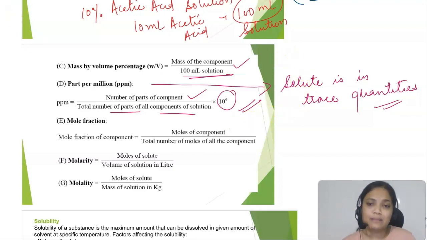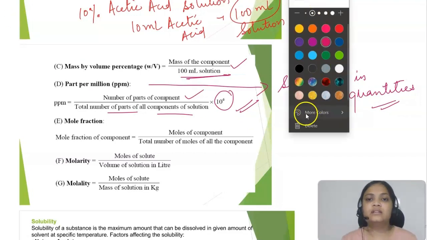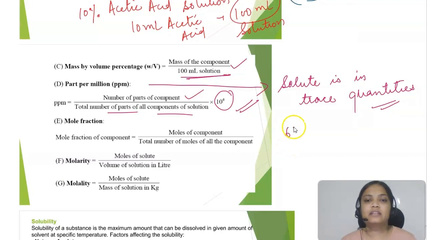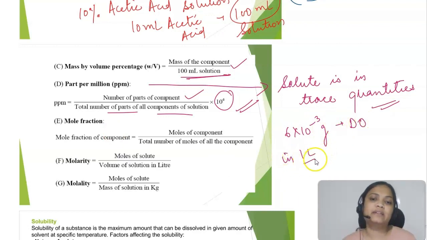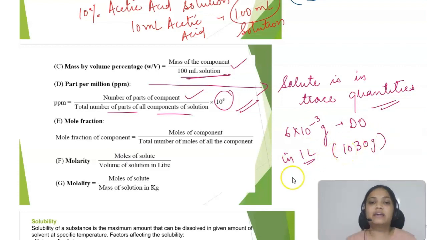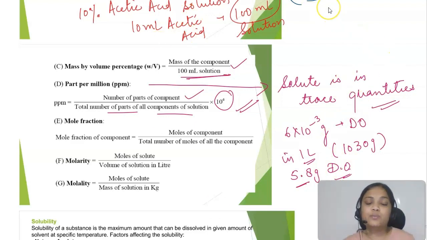Okay, for example, let's say I am having 6 into 10 to the power minus 3 grams of the solute which is dissolved oxygen in 1 liter of seawater. So 1 liter of seawater means it's 1030 grams. So if we calculate, it will come out to be 5.8 grams.